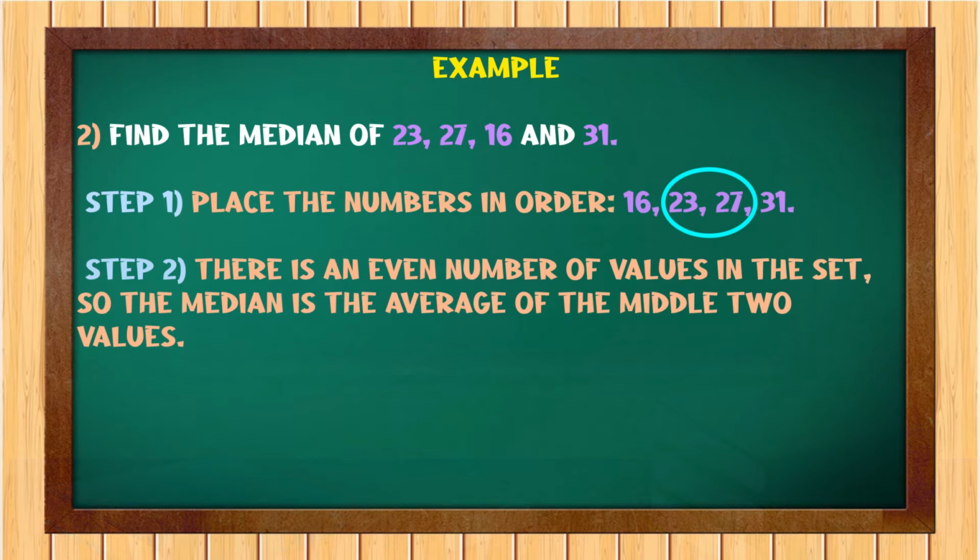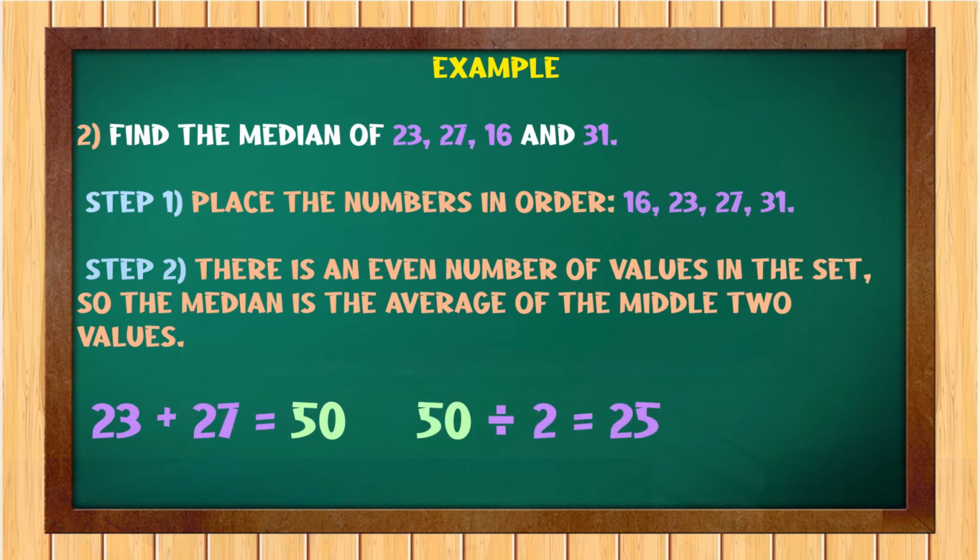What do we do? First, we add 23 and 27 together, and then we divide that. Now, if we add them together, 23 plus 27, we will get 50. And then we divide 50 by 2, which would give us 25.